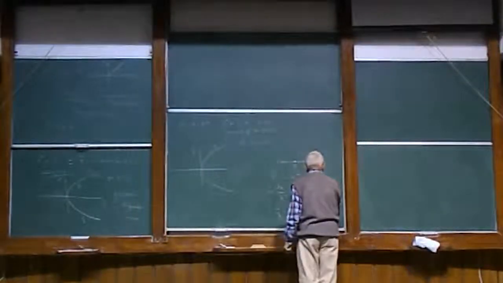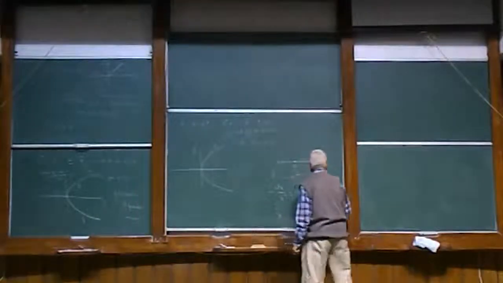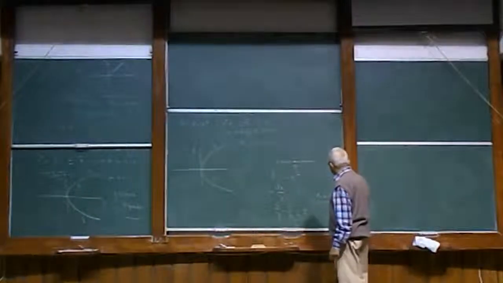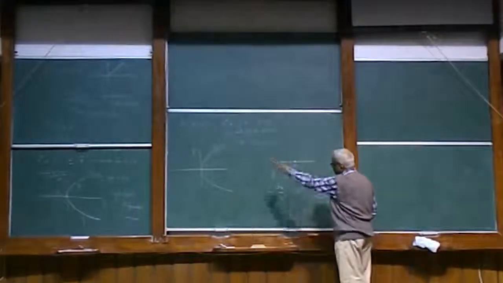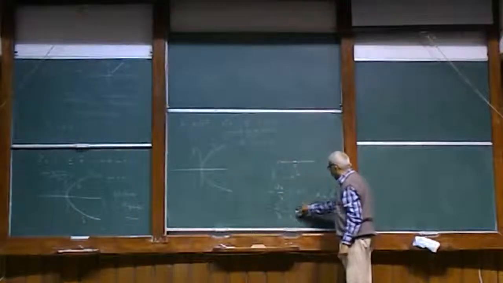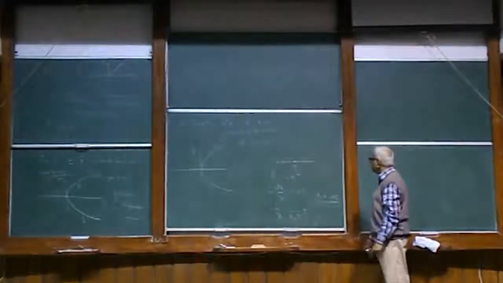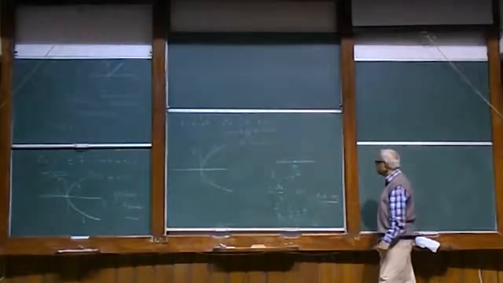So if x naught is negative, then you are going to reach negative infinity at a finite time, which is given by t equal to 1 over x naught. So start over here, you'll run over to infinity in a finite time.